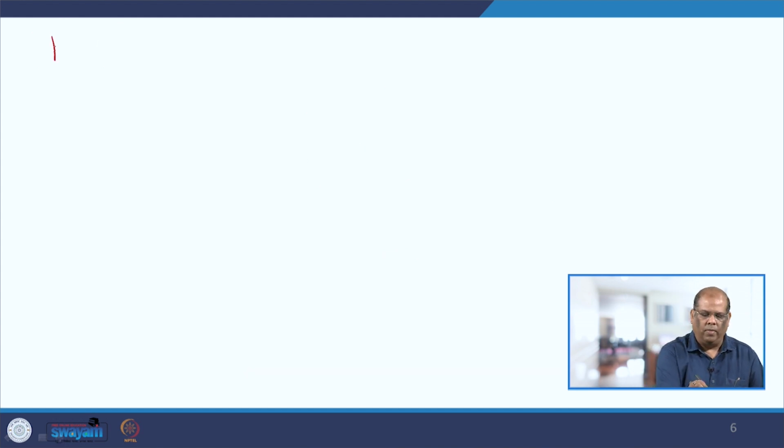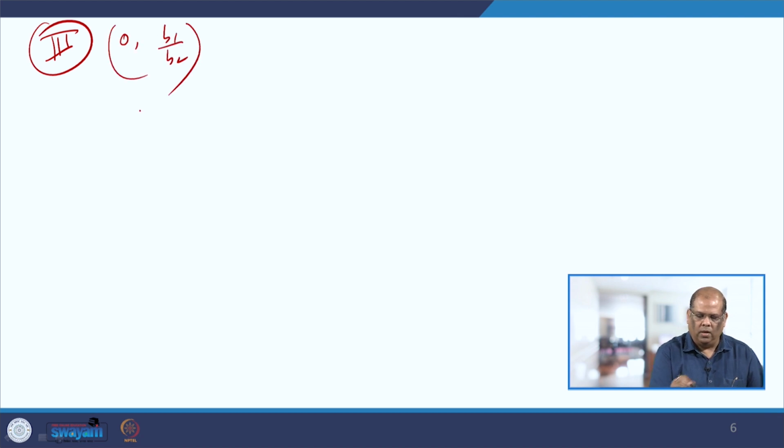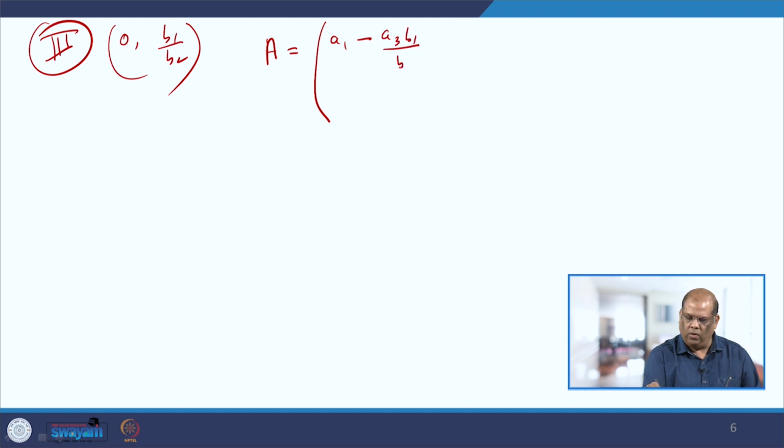Our third equilibrium point is 0, b1 by b2. In a similar manner, we get this A, and this is going to be a1 minus a3 b1 by b2, this is 0, minus b1 b3 divided by b2, minus b1.